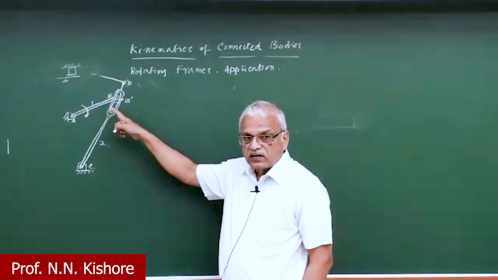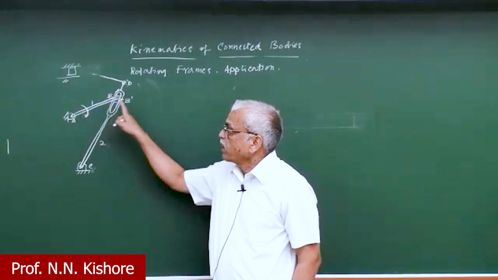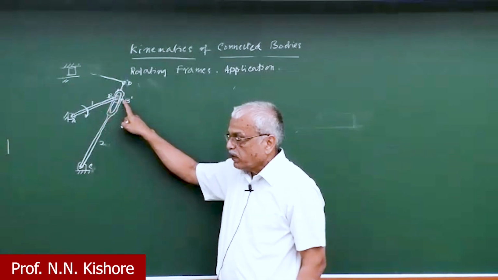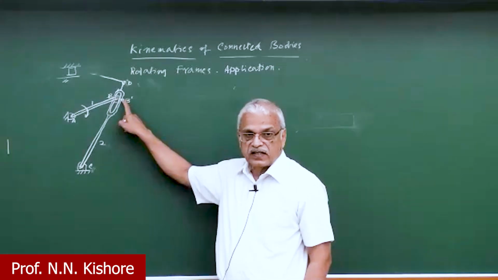there are several points which we are going to depict here. B is a fixed point on the crank 1, whereas B prime is a point on link 2 coinciding with B at that instant.